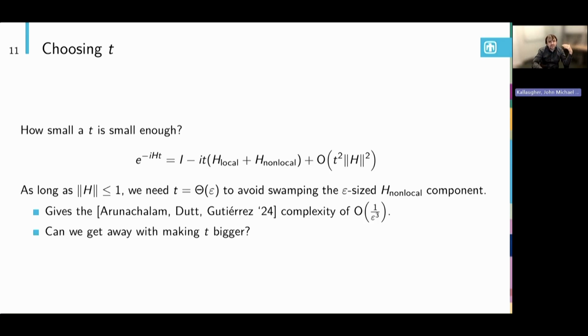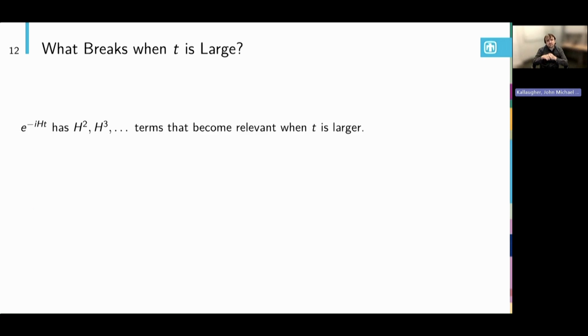But of course, the thing that immediately comes to mind when you look at this calculation is, can you somehow get away with making t bigger and thereby reduce the cost of this algorithm? And to answer that question, it'll be useful to start by just asking what goes wrong when we make t bigger.